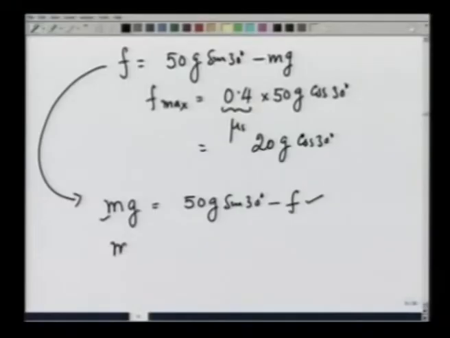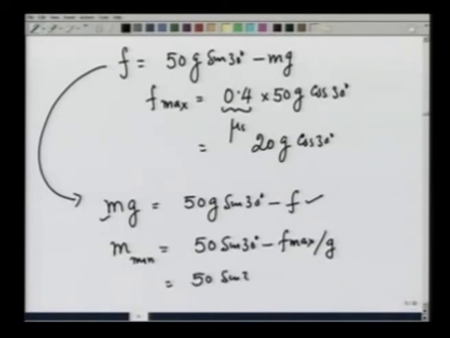So, m minimum, that will give me equilibrium, would be equal to 50, dividing by g on both sides, sine 30 minus F max divided by g, which is nothing but 50 sine 30 minus F max, which is 20 cosine 30 degrees g, divided by g. So, g cancels out.